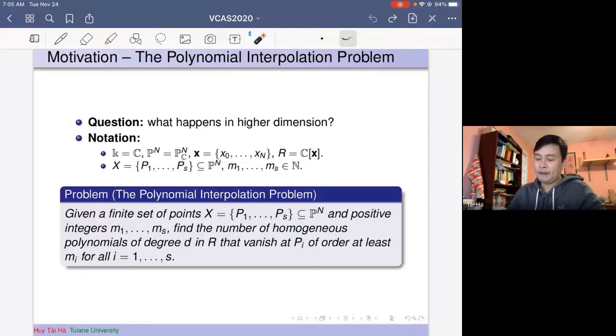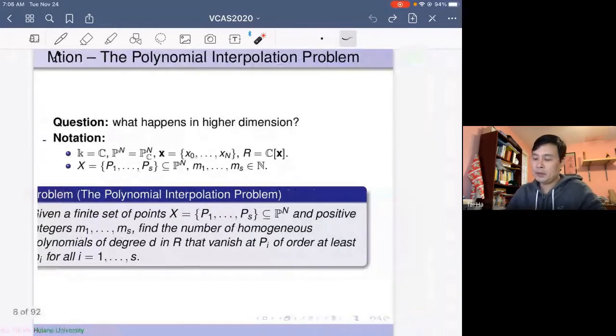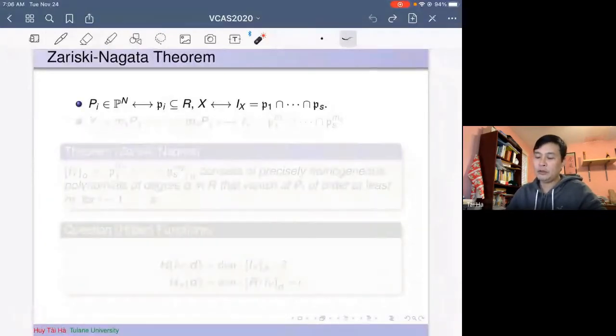There's a way to understand this problem through ideal theory, thanks to the famous Zariski-Nagata theorem. So let me mention it here.